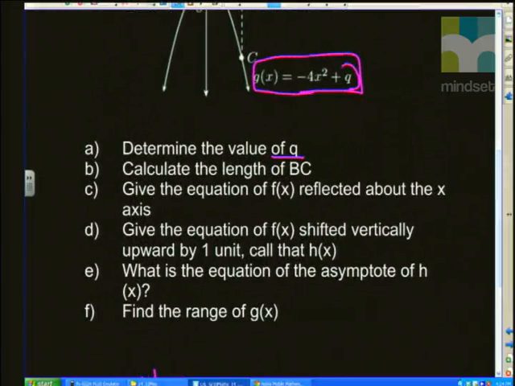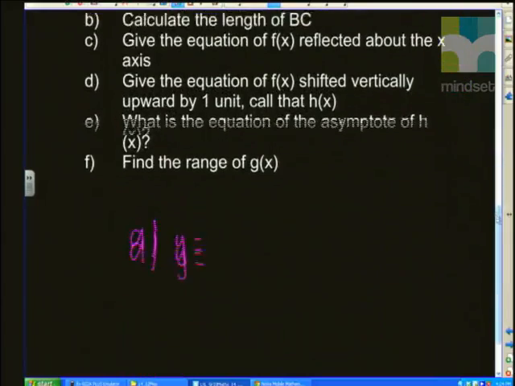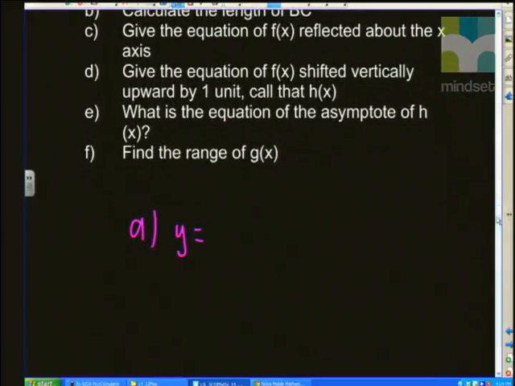In other words, where is the graph turning? Because remember, your turning point on your parabola will always be (0, q). So really what they're asking us for here is, what is the y-intercept of this parabola? Because your parabolas are always going to turn on the y-intercept. So we've got y = -4x² + q.